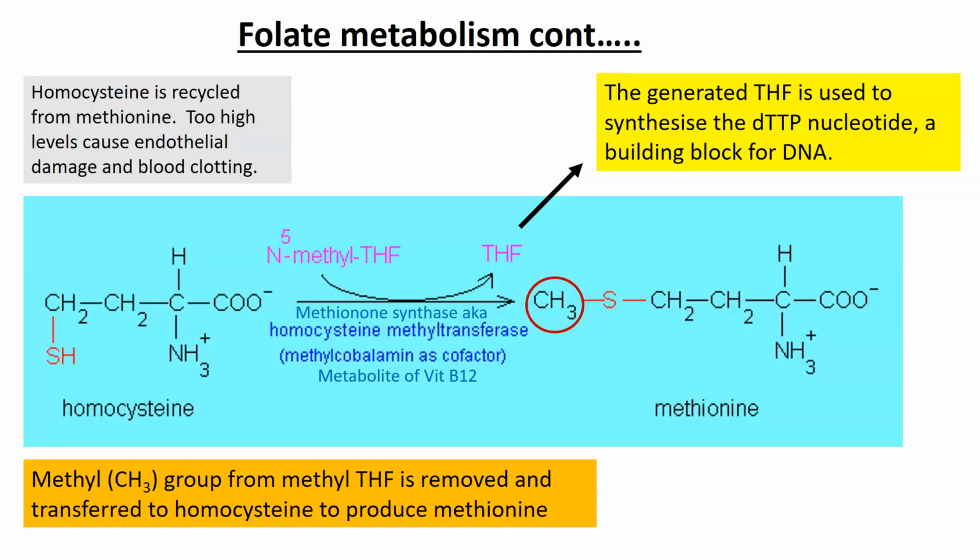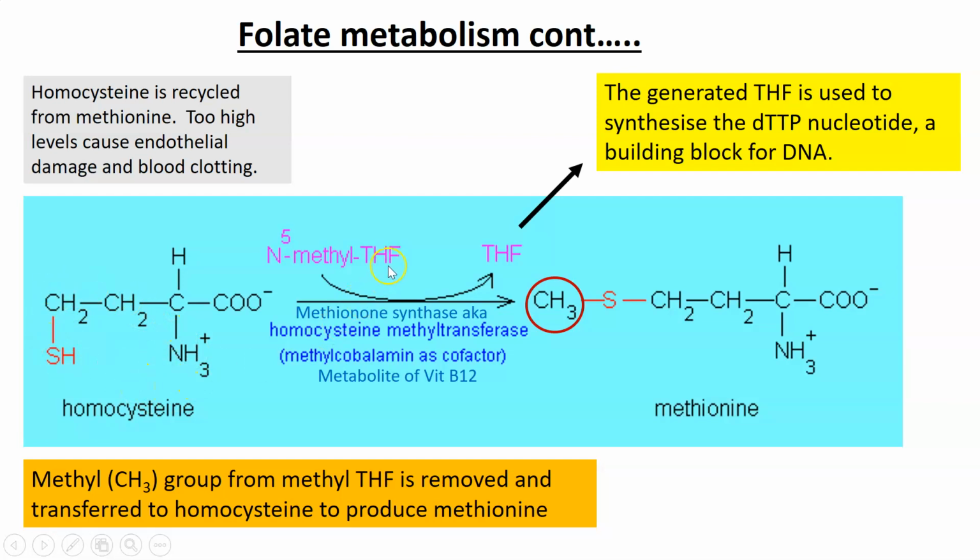So let me just show you the reaction. This is homocysteine. This is the tetrahydrofolate that's been converted from folic acid, so this is the methyl tetrahydrofolate. In order to detoxify homocysteine, we need to add a methyl group to it.